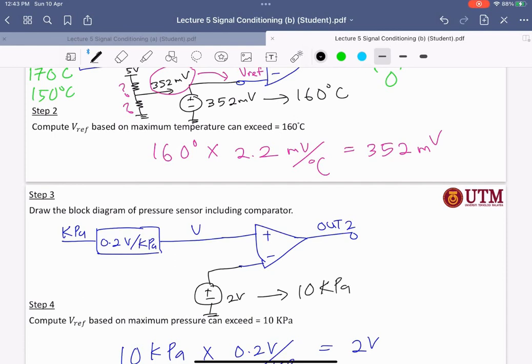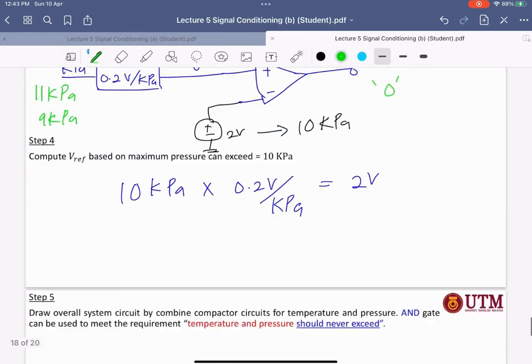If your input right now is 11 kPa, you will get the output 1. If the input is 9 kPa, you will get the output 0.